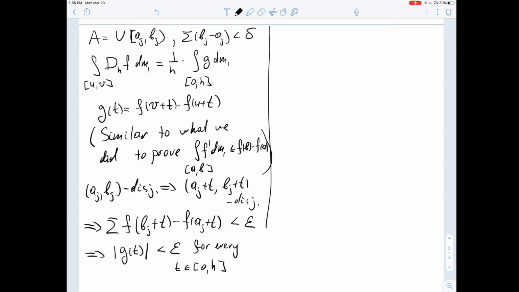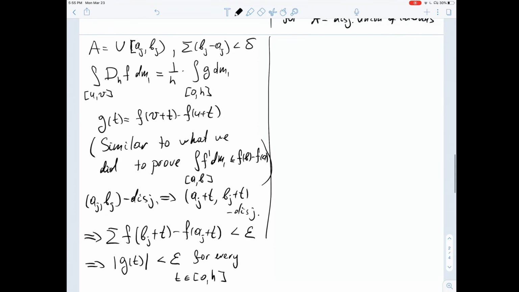Why is that? Yeah, so, sorry, for every t in 0h, where, you know what, it was just wrong to use g. Let's use something else.